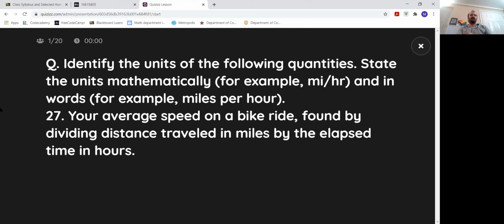Oh, I didn't notice it said "and" here. So if you just write it one way, it's fine, I guess, on this one. Your average speed on a bike ride found by dividing distance traveled in miles by the elapsed time in hours.